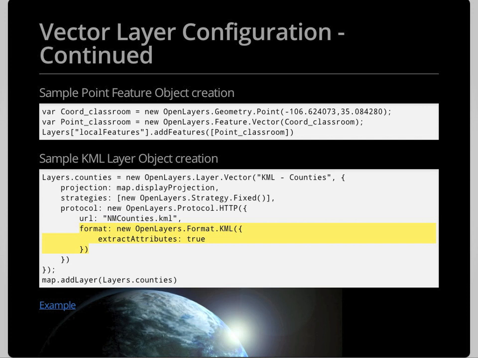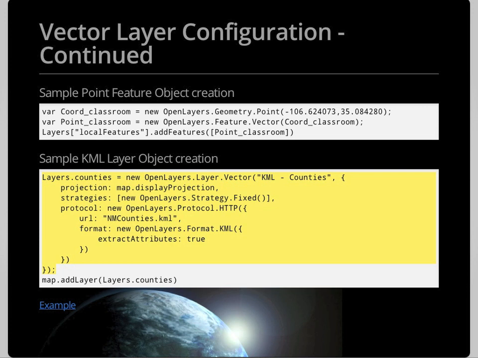So this is all of the information that we need to create this new layer.vector object that is populated with data that have been read out of a web accessible KML file.